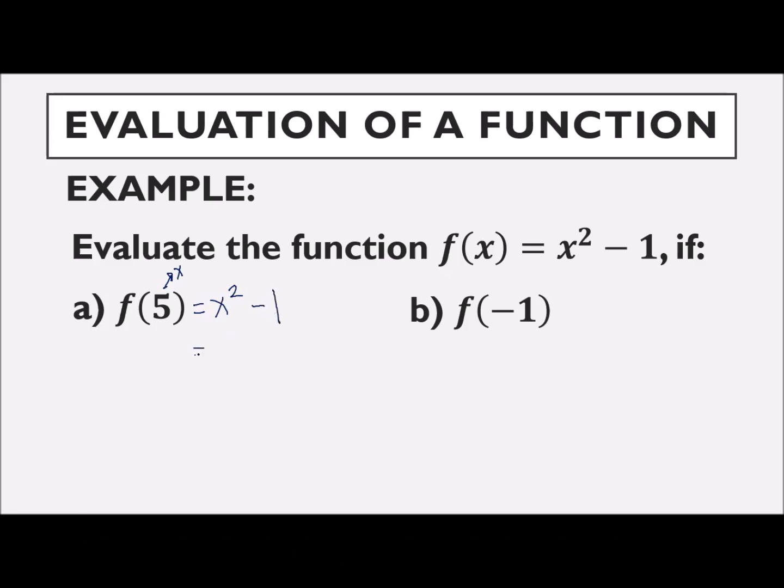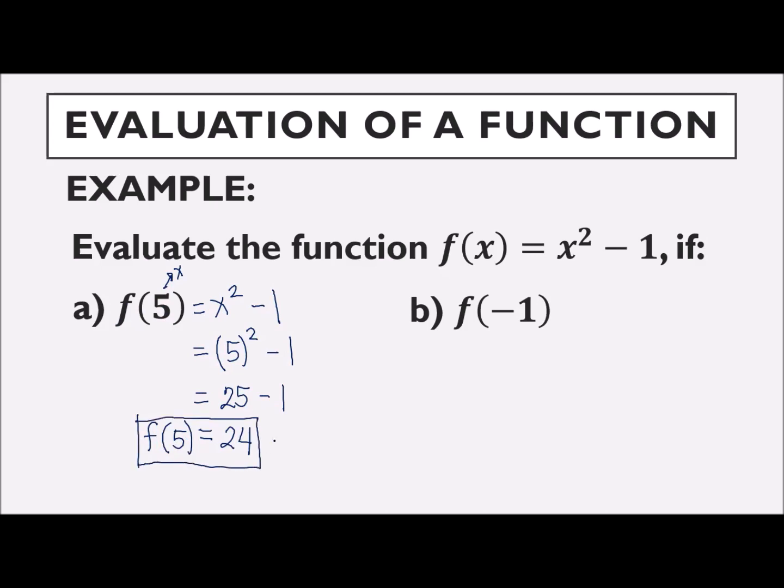We will just replace x by 5, because that is f of 5, the function where x is equal to 5. So it becomes 5 squared minus 1. Simplify: 5 squared is 5 times 5, which is 25, and then minus 1. The answer here is 24. So f of 5 has a value of 24.